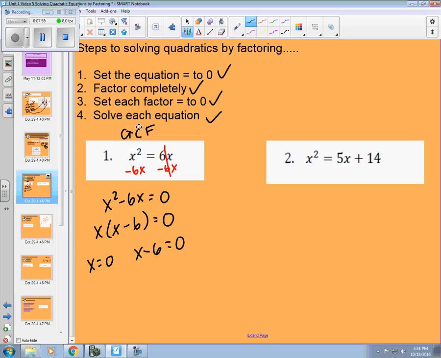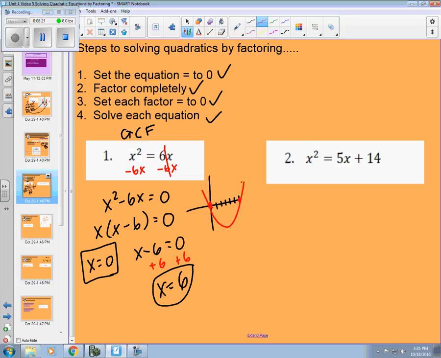Last thing, solve it. Well, there's no solving to be done there. One answer is 0. On this one, add 6 to both sides, and another answer is 6. If we were to graph this one out, you would see that the parabola crosses through at both 0 and 6, and it's probably some parabola that looks like that.